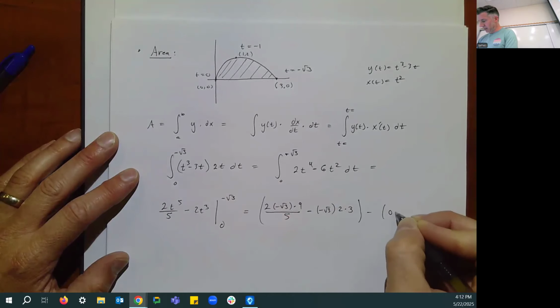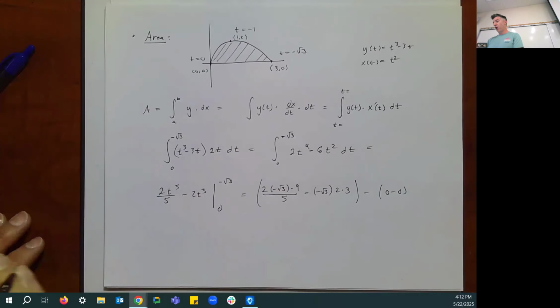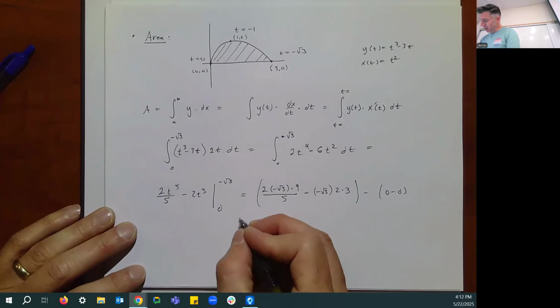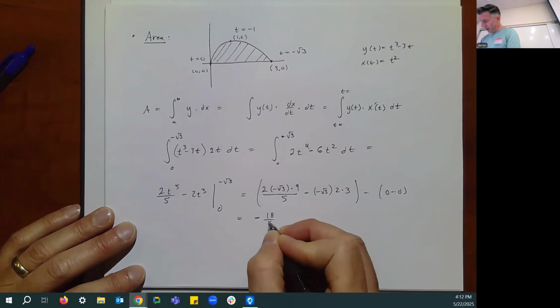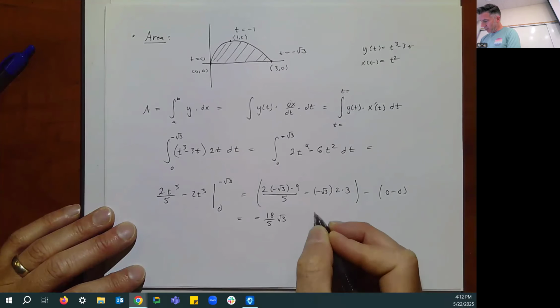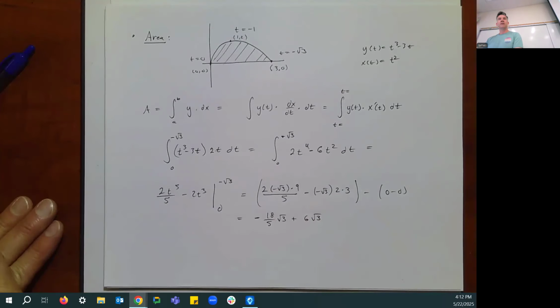Minus 0 minus 0. And now the hope here is that the thing I've written down is positive. Let's see if it is. So I'm going to have negative 18 over 5 times √3 plus 6√3. And thank goodness 6 is bigger than 18 over 5.